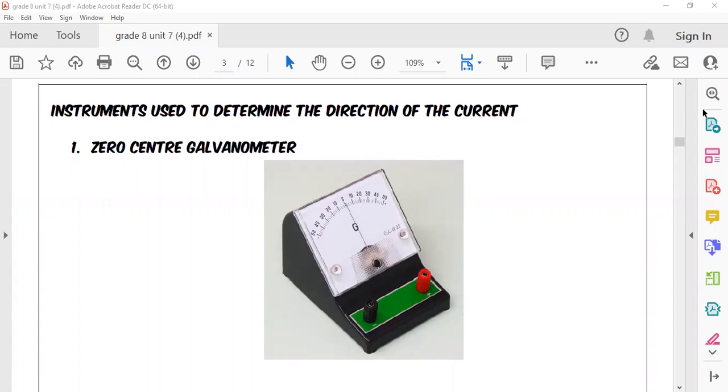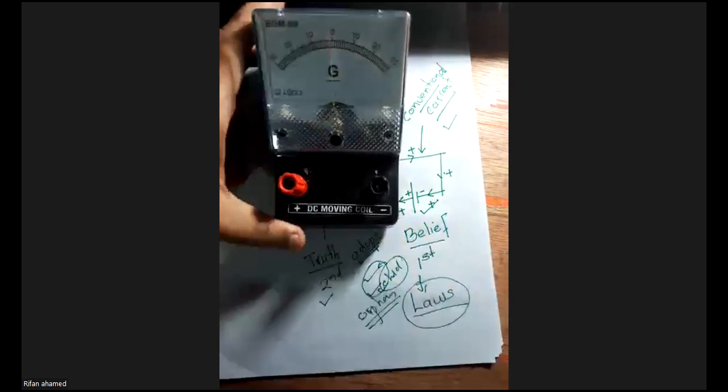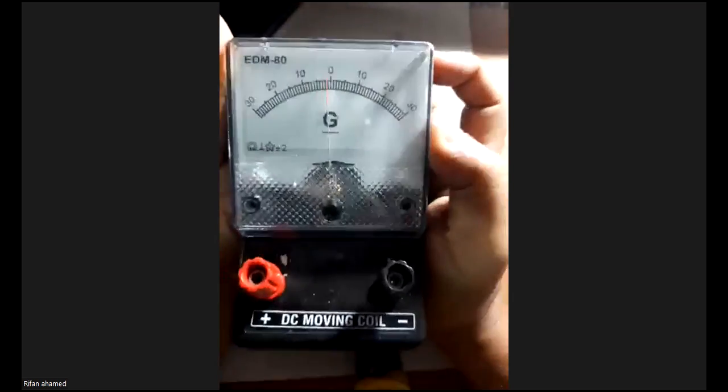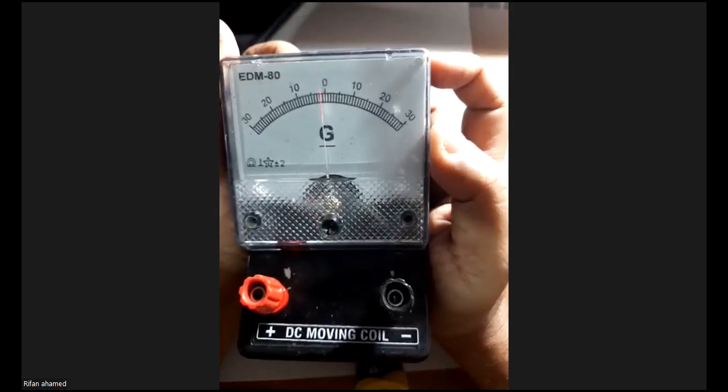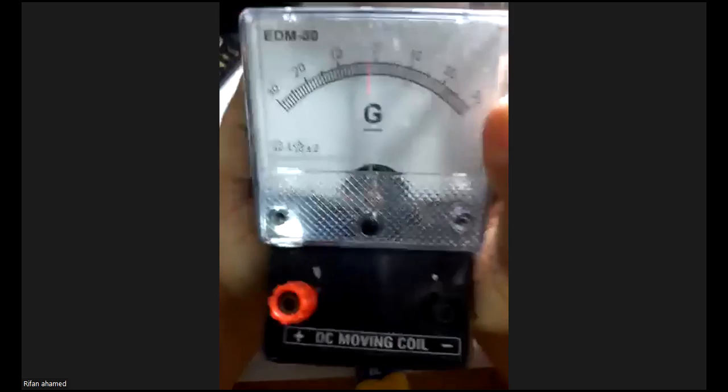What is the first name given? Zero center galvanometer. Zero center galvanometer will look like this. Can you see? In the middle of the zero center galvanometer, there is a capital G letter mark.